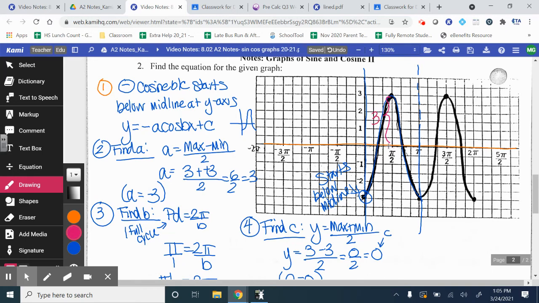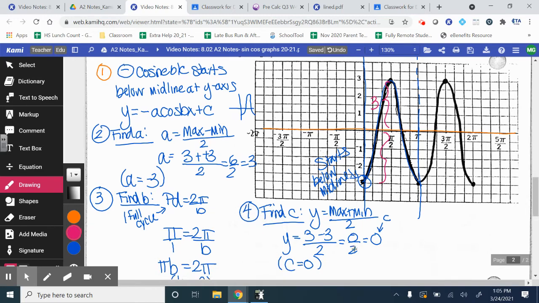Or you could look at the middle to the bottom of your curve, which is negative 3 right here. From the middle to the bottom goes down 3 boxes or 3 units. So we know A is going to be 3. It starts below the midline, so A is negative 3. And then C is our midline, which is right here at y equals 0. So it tells us C is equal to 0.